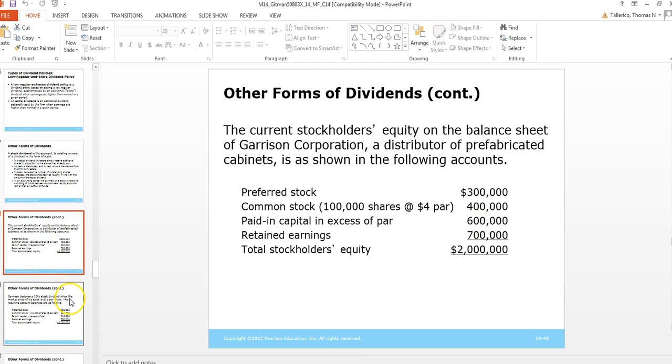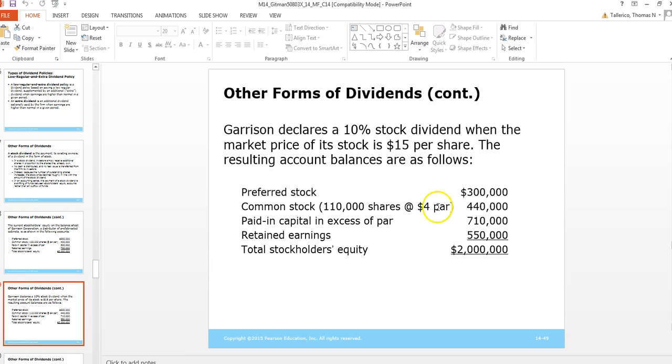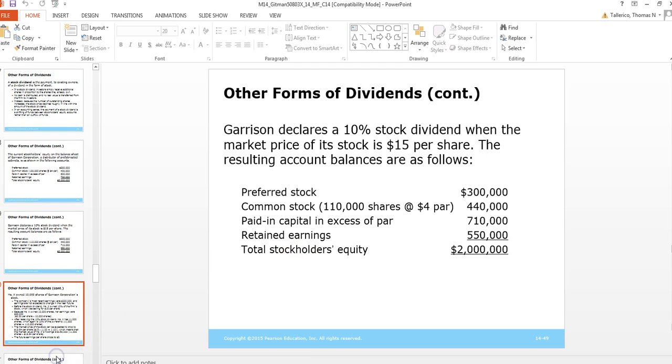So this is $1 million, right? And now there's an extra 150,000 there, and this dropped by 150. So the total stockholders' equity stayed the same.